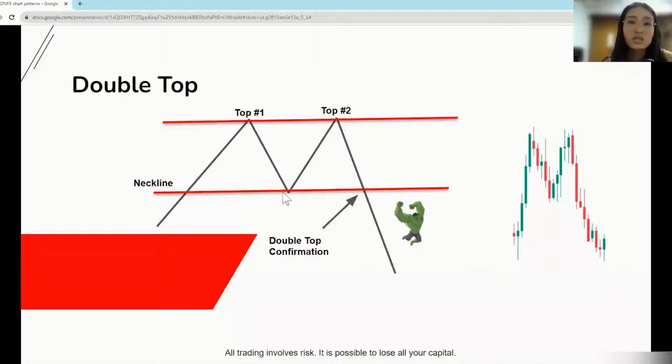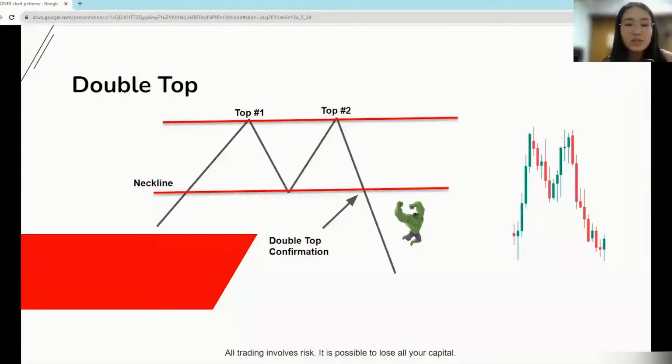The bottom would just be this valley area over here. And then the neckline is where we measure that support level from the bottom of that valley. The line running through the tops is the resistance line, which should be nearly horizontal. And the pattern forms an M shape and is considered a bearish reversal chart pattern.